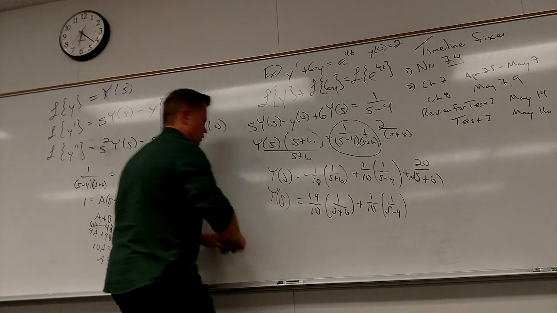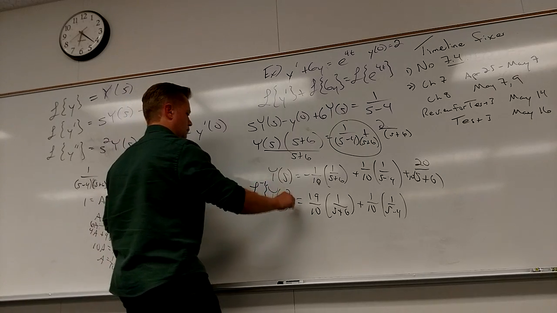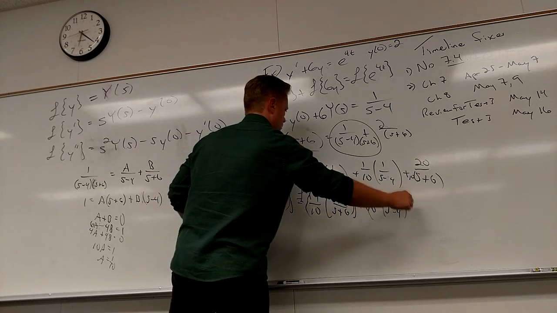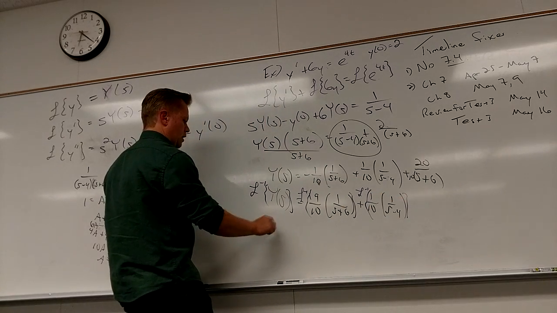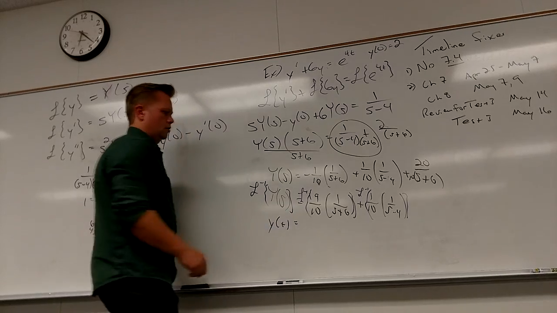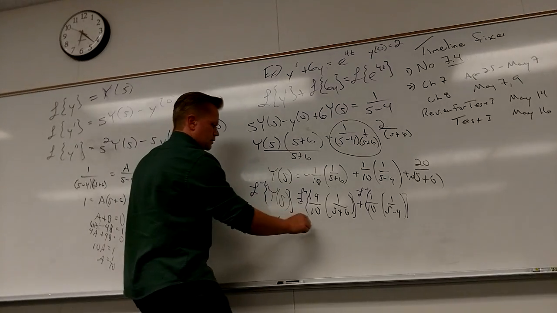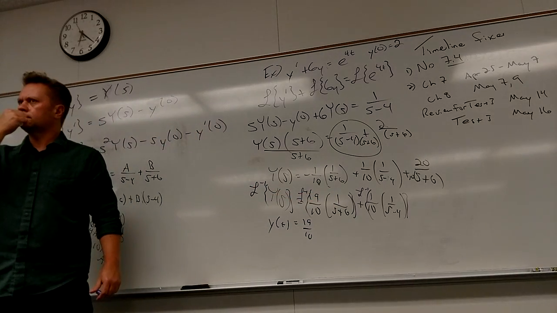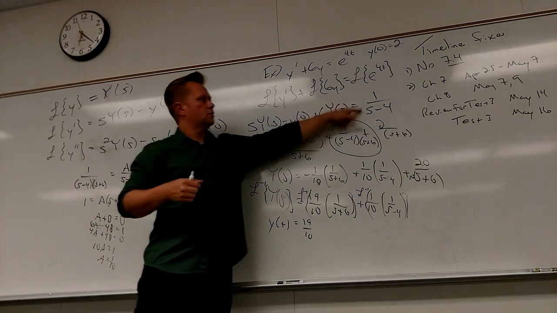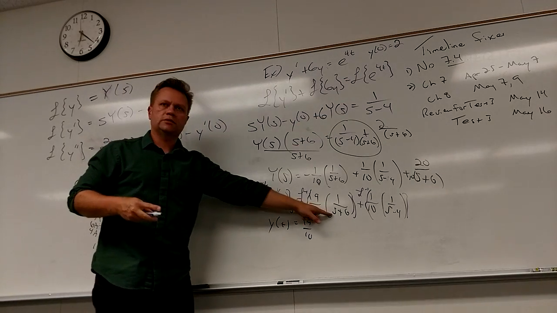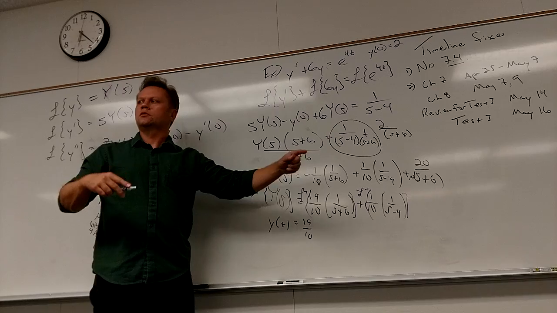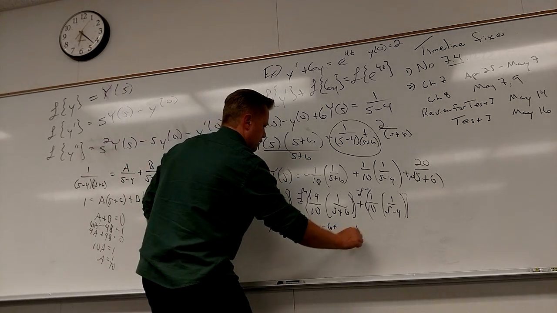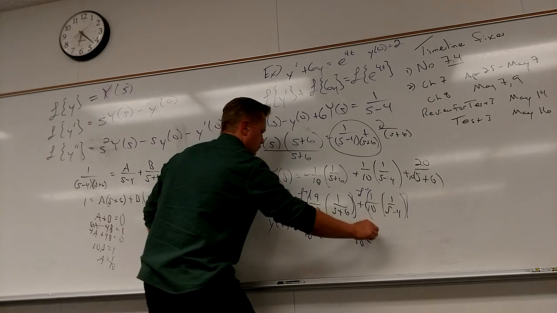So if you do the inverse Laplace, this will become just y of t. 19/10. What is 1 over s plus 6? Where does it go back to? That's related to the thing we just did up here, right? So where does 1 over s plus 6 go back to? e to the negative 6t, plus 1/10 e to the 4t.